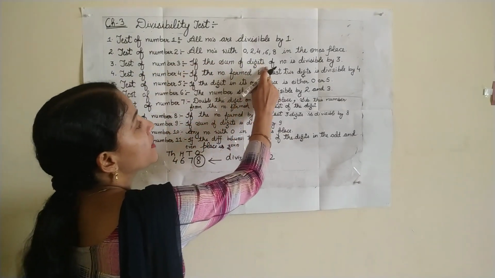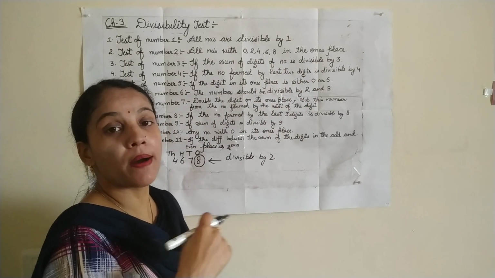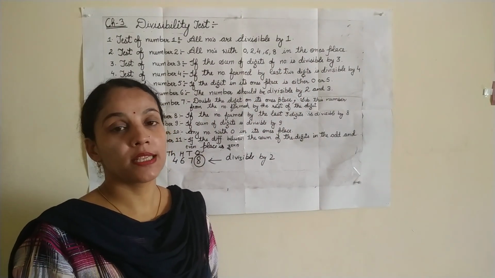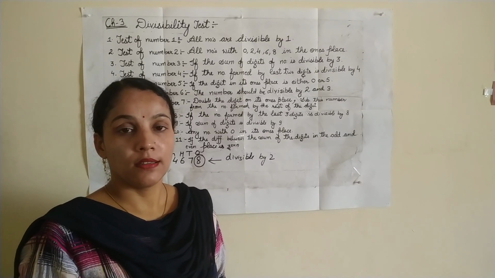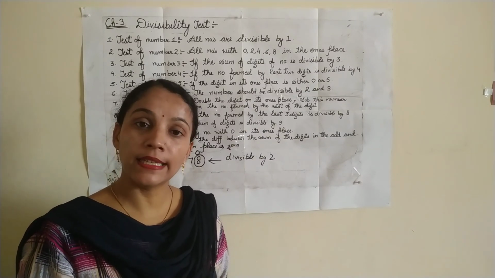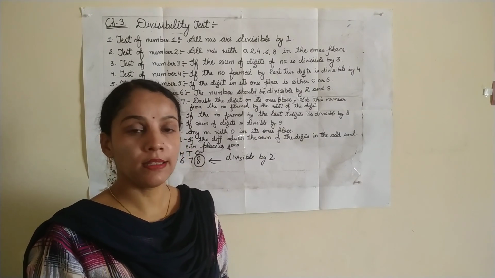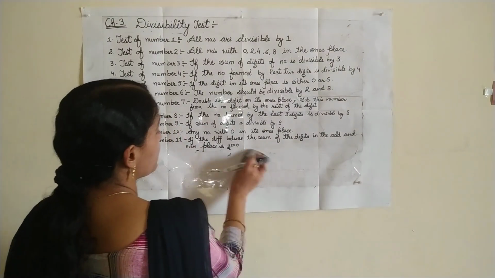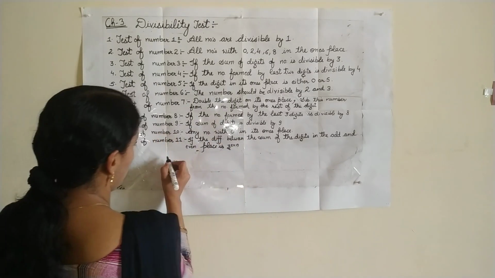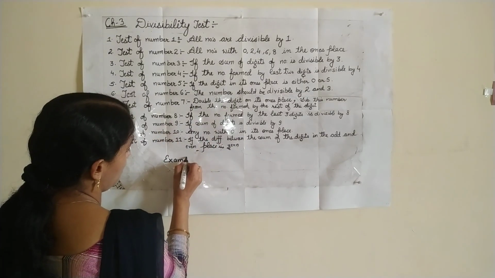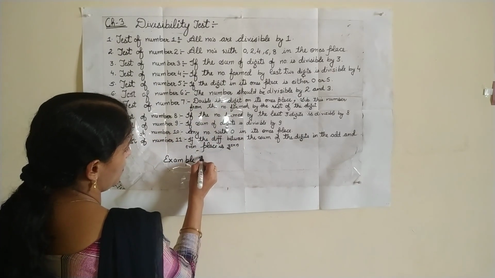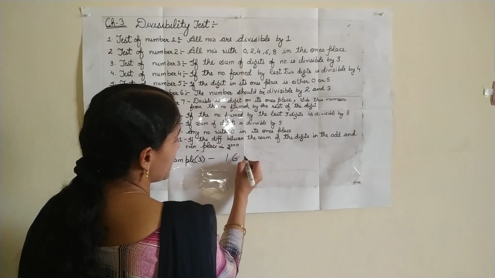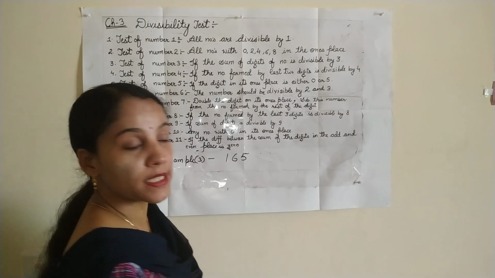Okay. The next is the test of number 3. If the sum of the digits of a number is divisible by 3, then the number is divisible by 3. For example, I am taking 165.